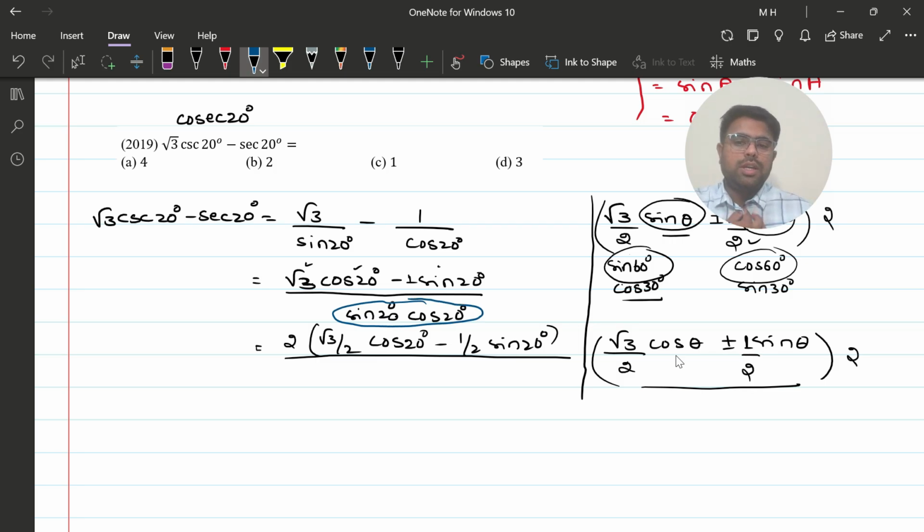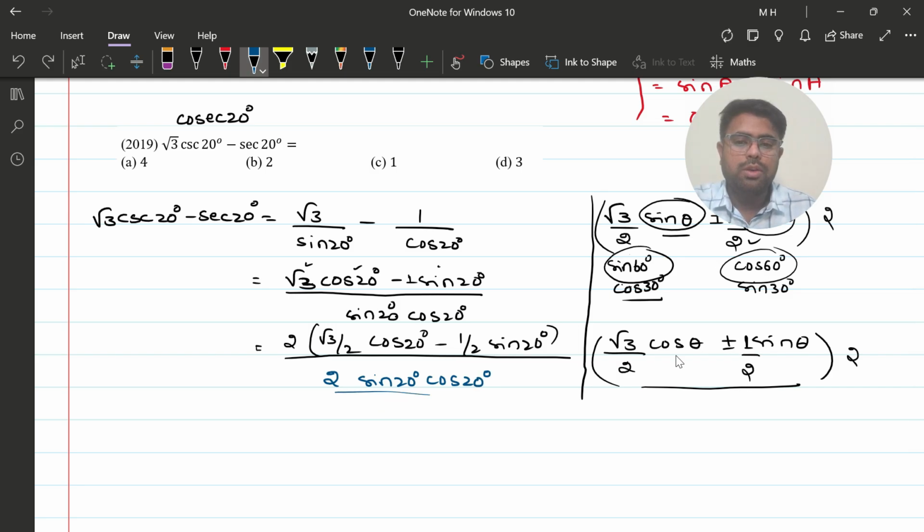If I have to convert the denominator into just one term, I multiply and divide it by 2, and I'll get 2 sine theta into cos theta. What is 2 sine theta cos theta? It is sine 2 theta. So I'll multiply with 2, that is 2 sine 20 cosine 20, and then divide by 2.